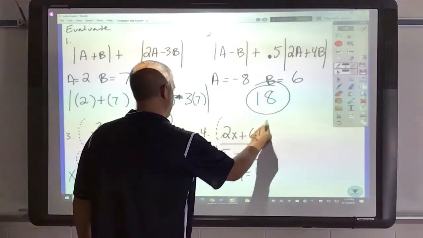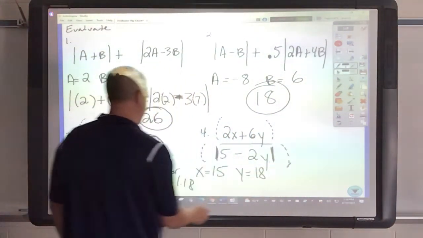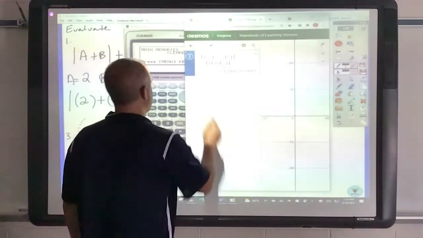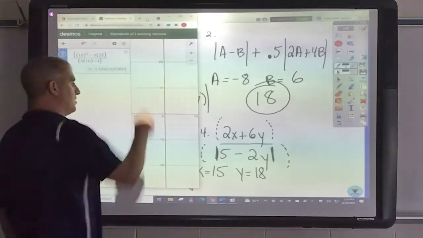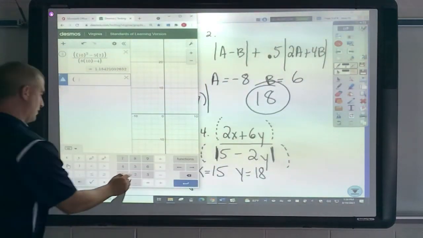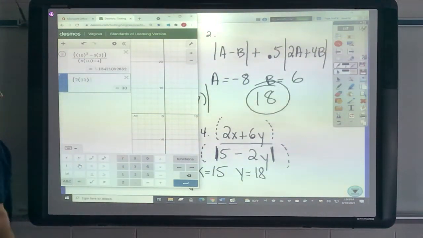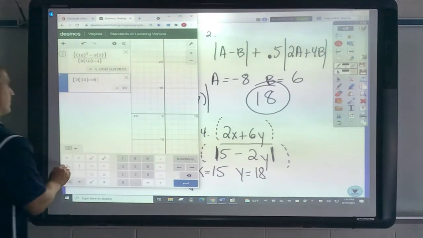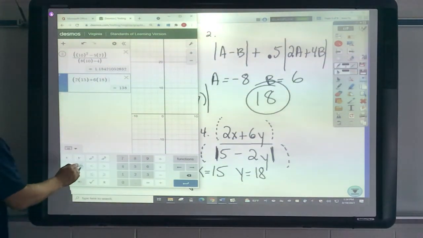So I got parentheses, parentheses, parentheses, parentheses. That's what I'm going to have to do with that. So I would do parentheses, 2, and I'm replacing the letter, so x is 15, so close around that, plus 6. I'm going to close around 18 for y, and I got this extra set.